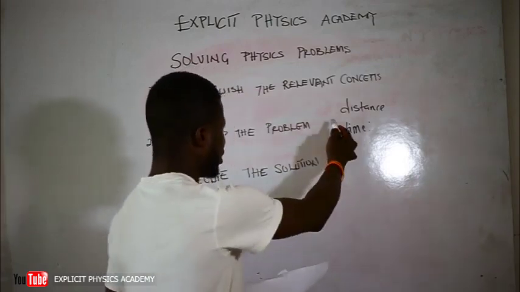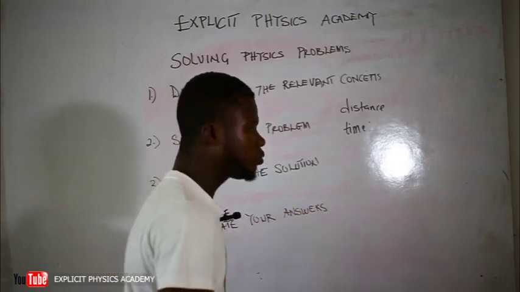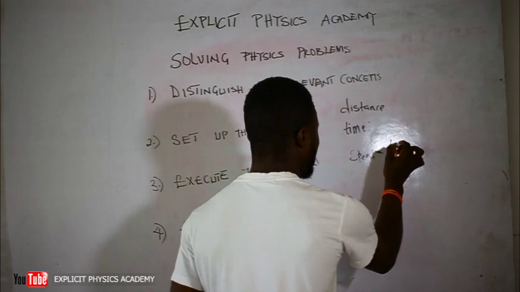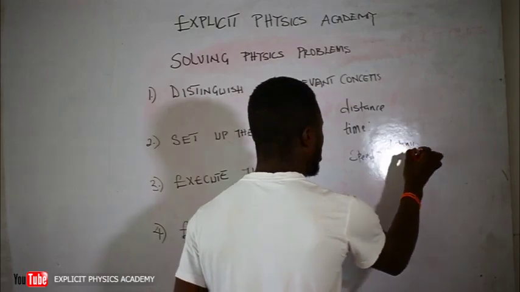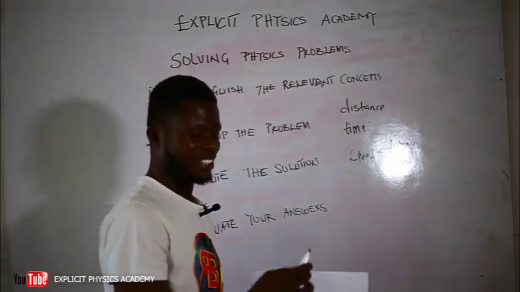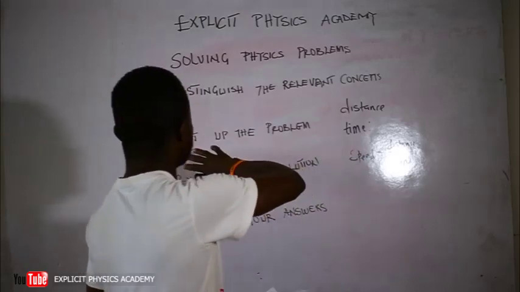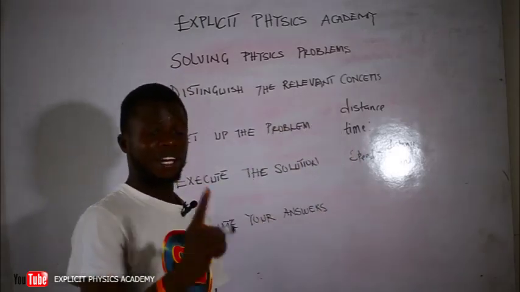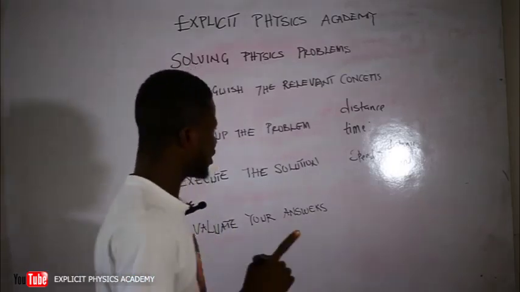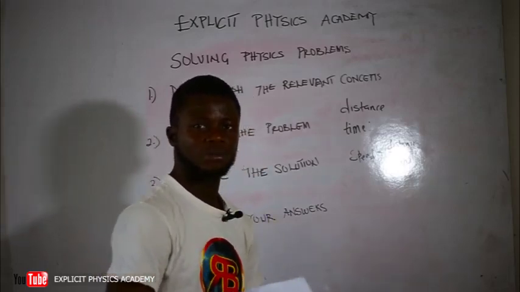If, for instance, I've taken down distance and time, of course, the equation that suits this problem is, let's say, speed is equal to distance all over time. Please forgive my handwriting, it looks somehow tattered, but let's just move on. So, in setting up the problem, after identifying the basic concept, the second step you have to take, don't forget that, is to write down the equation that suits those concepts.